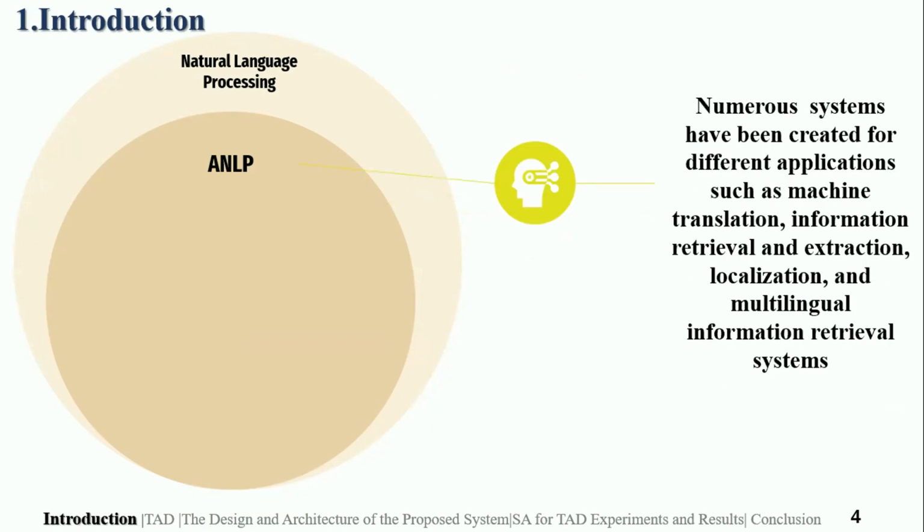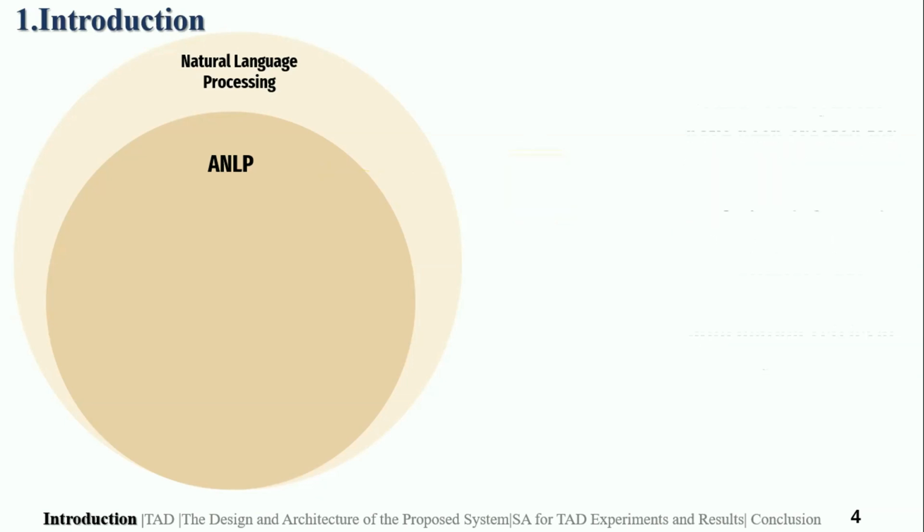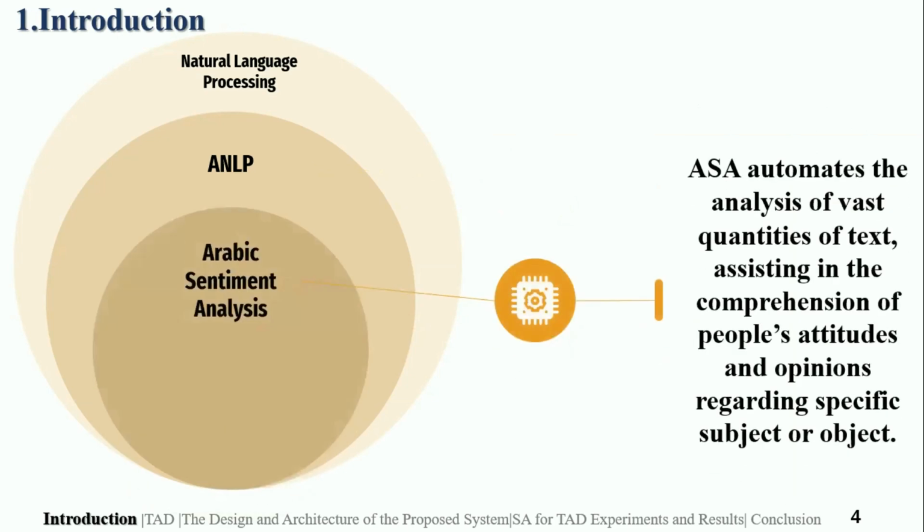Numerous systems have been created for different applications, such as machine translation, information retrieval, extraction, localization, and multilingual information retrieval systems. Arabic sentiment analysis automates the analysis of vast quantities of text, assisting in the comprehension of people's attitudes and opinions regarding a specific subject or object.